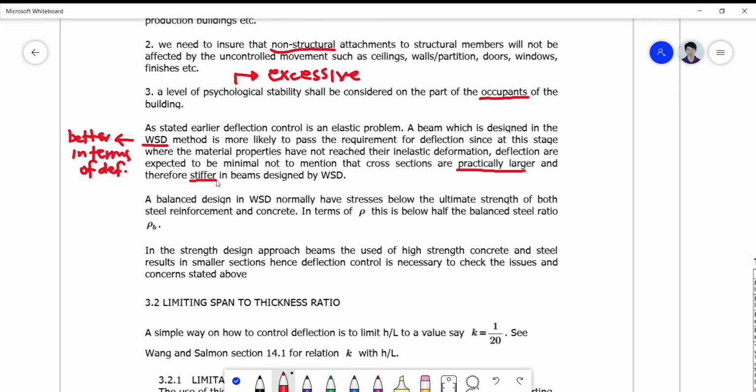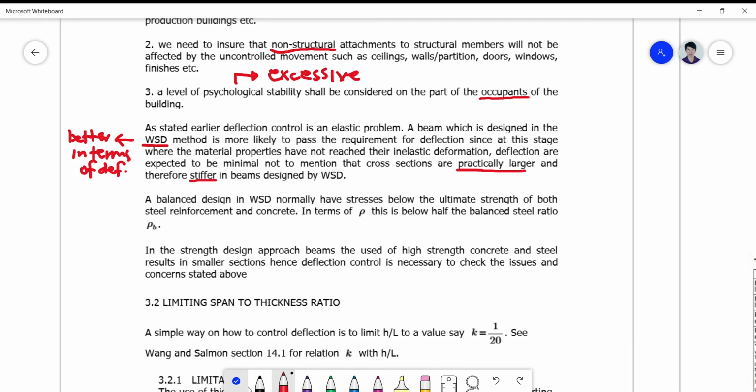So in the strength design approach, beams that use high strength concrete and steel result in smaller sections. So that's why deflection control is very necessary, and it is an issue when your methodology in design is the strength design method.